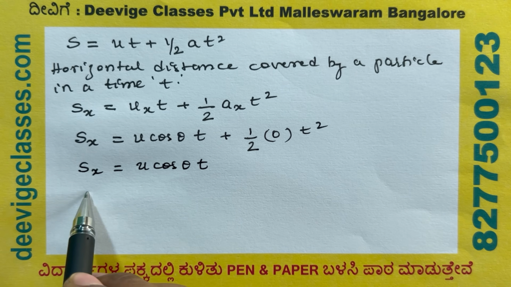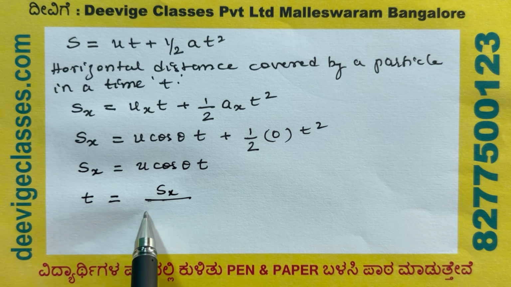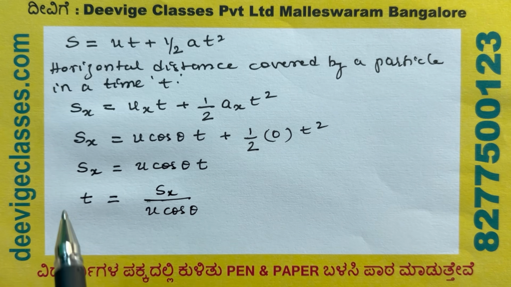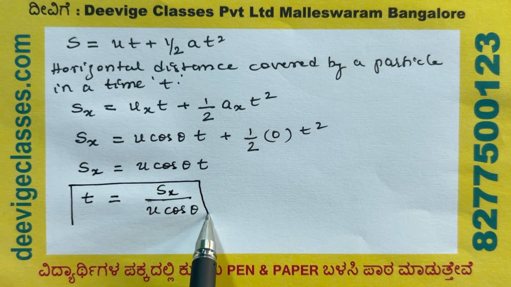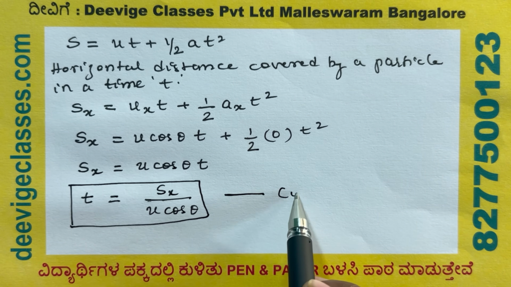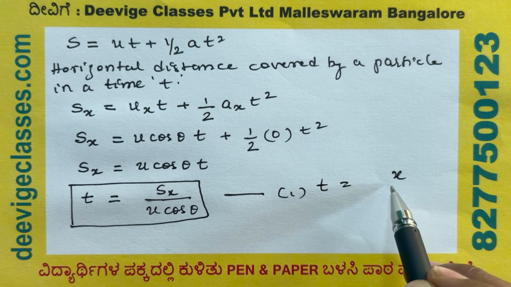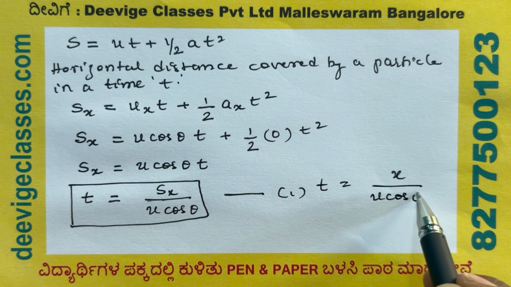So we get x is equal to u cos theta into t. Then t is equal to x divided by u cos theta.